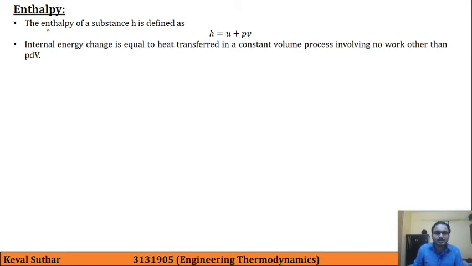In our previous theory, internal energy change is equal to heat transferred at constant volume process involving no work other than PdV. So this statement is nothing but delta U at constant volume is equal to Q at constant volume, the same as our previous slide's equation. The same statement is written in words here: the internal energy change delta U is equal to the heat transferred in the constant volume process Q involving no work other than PdV.